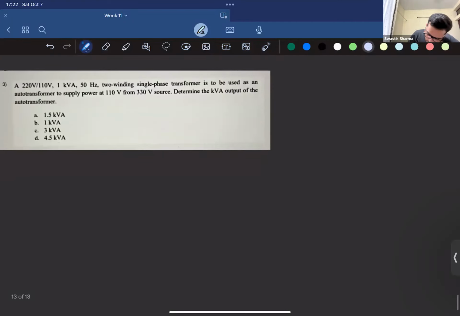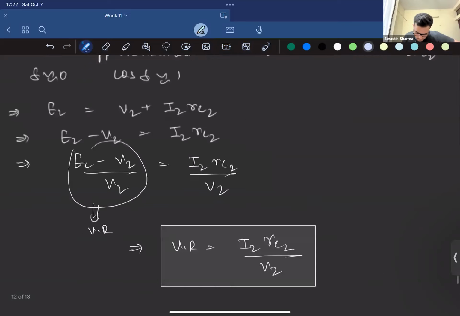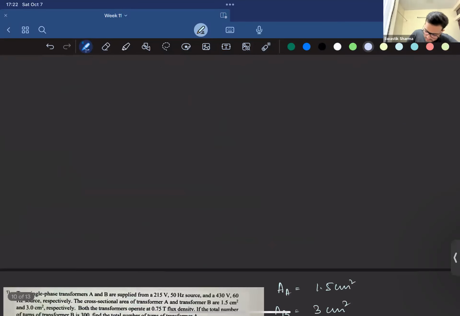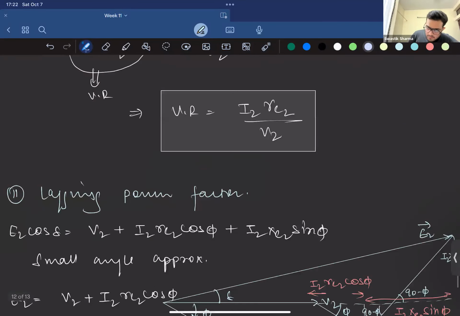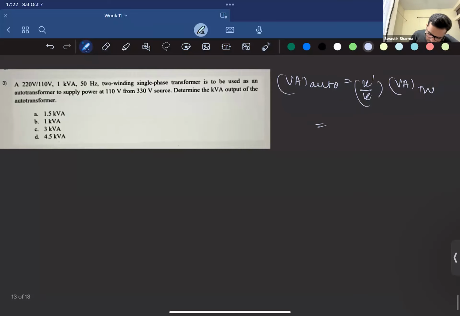Now we know, we have already calculated VA auto is given by K by K dash, or K dash by K, times VA two winding. So K dash is what? 3 by 1, right? So it's 3, and K is 2, right?